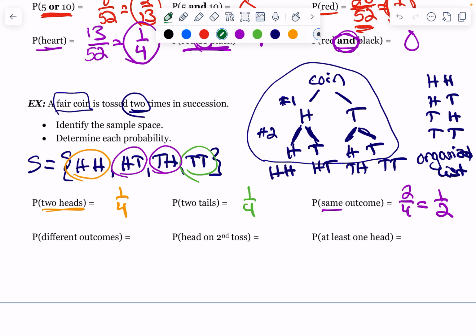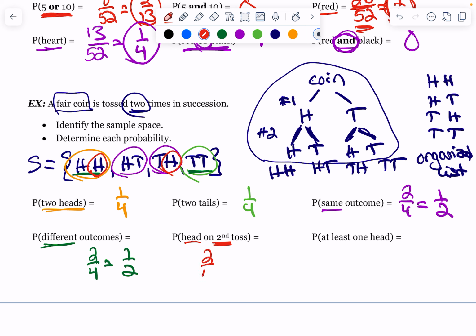Next one is different outcomes. So our different outcomes would be the heads and heads and tails. So 2/4 is going to be a half again. Next, head on second toss. So here's a head on second toss, and here's a head on second toss.